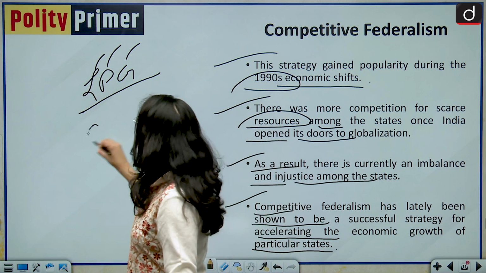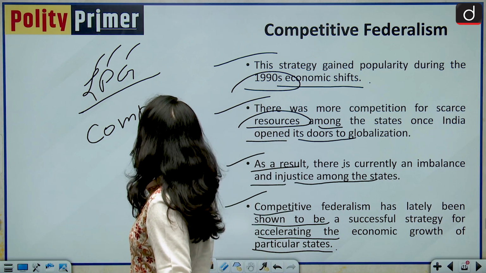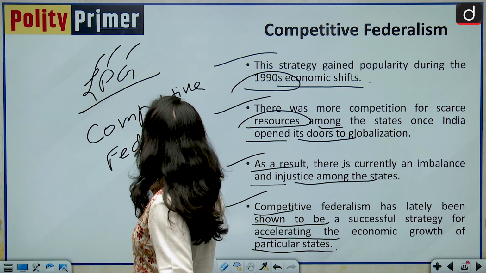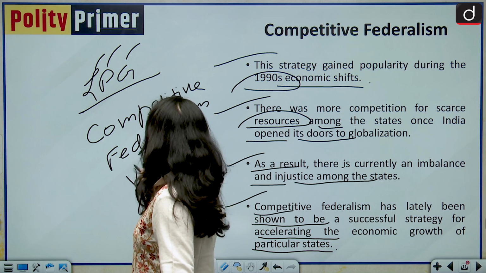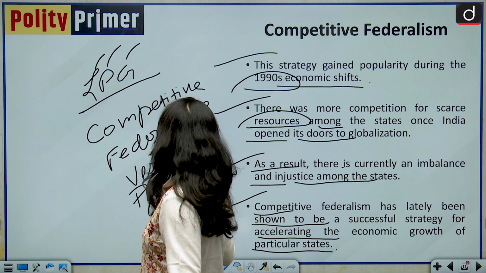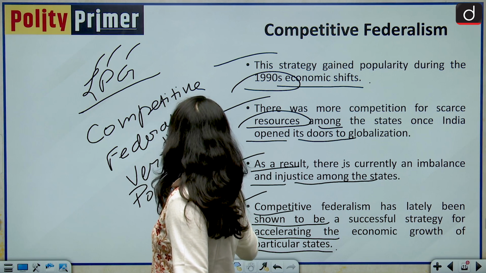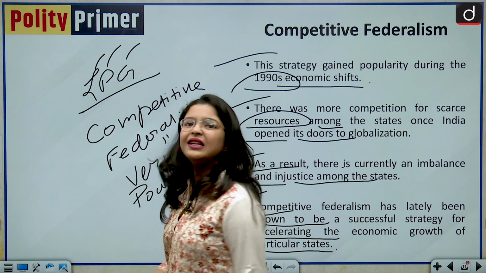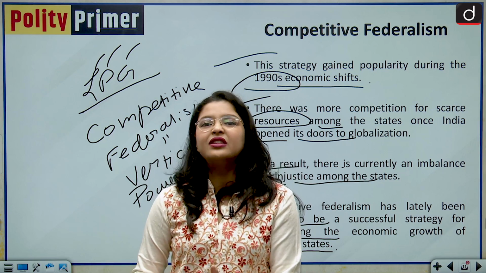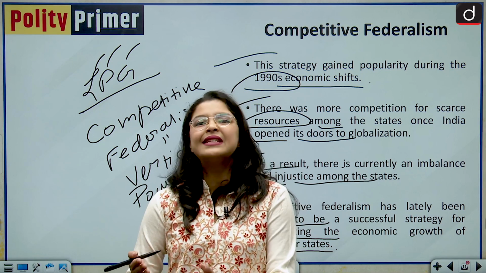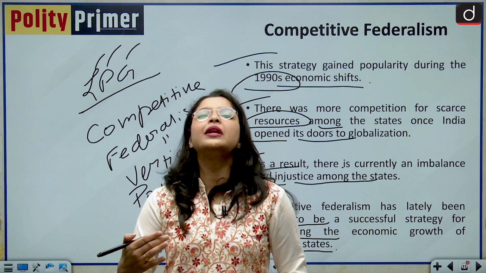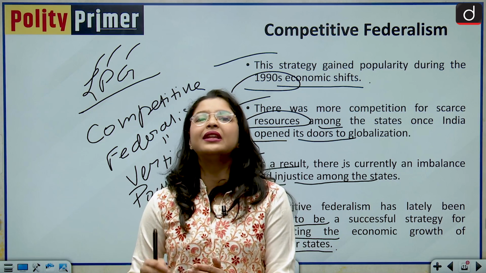So competitive federalism is a vertical power sharing. We have seen that cooperative federalism is a horizontal power sharing. On the other hand, competitive federalism is a very dynamic concept. It states that the center and the states must compete with each other in a very positive manner so as to fulfill the nation's interest.